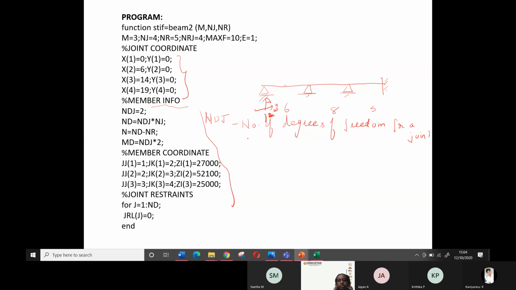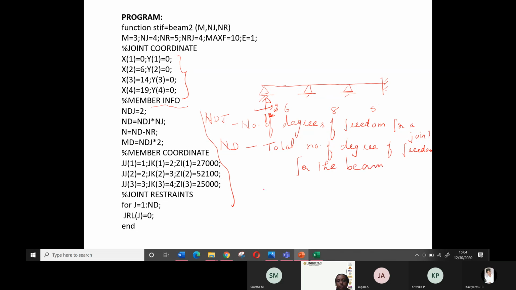Then the total number of degrees of freedom, ND, for the beam.